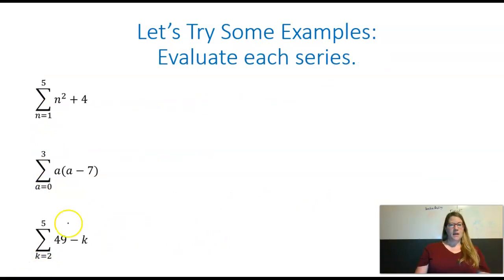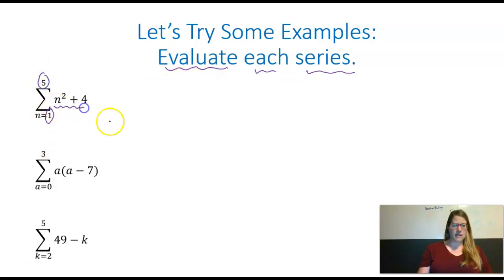Okay. So this one, notice it doesn't just say to write it as a sum, it says to evaluate each series. Okay, remember when I add a list of numbers together like that, it's called a series. So this time, we're not just going to write the sum, we're also going to evaluate it. So my index starts at 1 and goes up to 5.